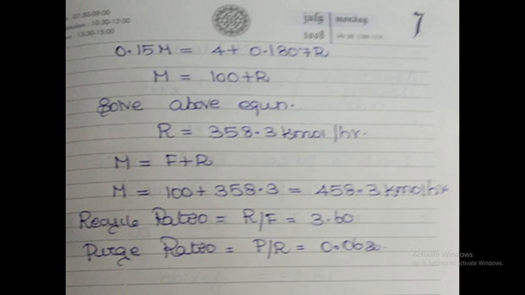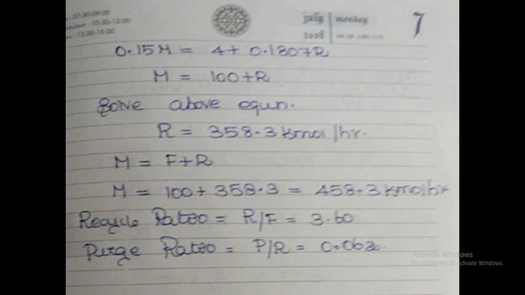So inerts in mixer feed, 0.15 times M, is equal to inerts in fresh feed, 4 kilomole, plus inerts in recycled feed, 18.07 percent, so 0.1807 times capital R. The general expression is capital M is equal to 100 plus R. Take these two expressions and solve the equation. Finally we get capital R is equal to 358.3 kilomole per hour.